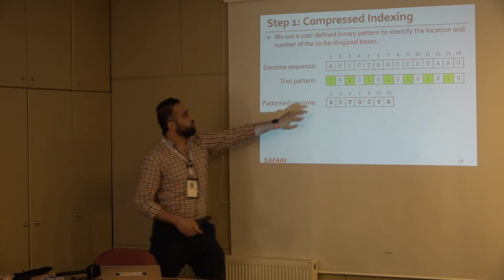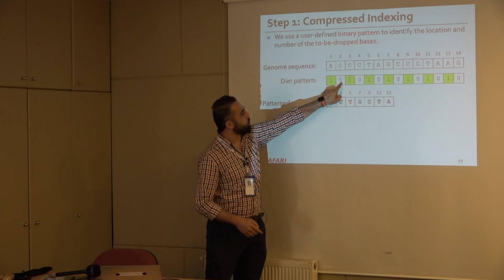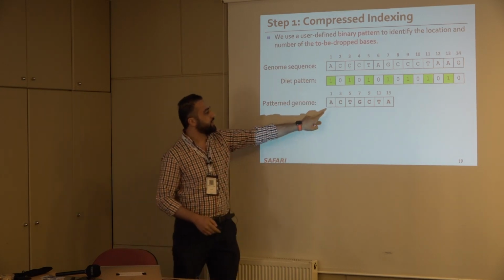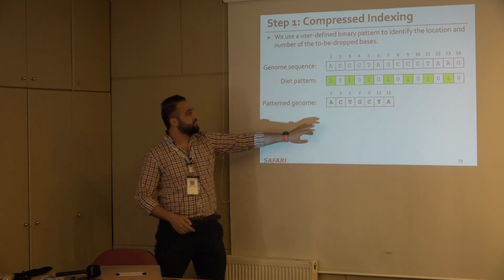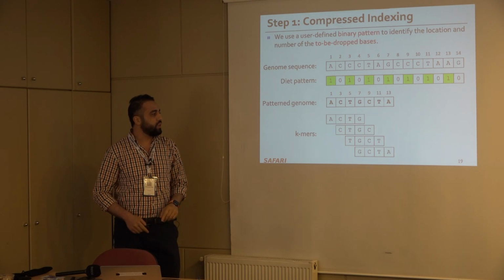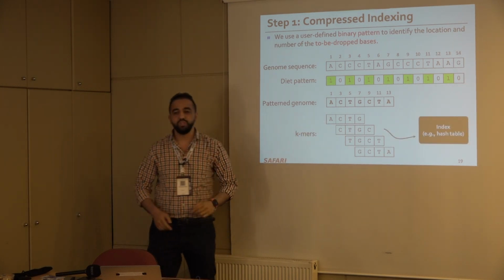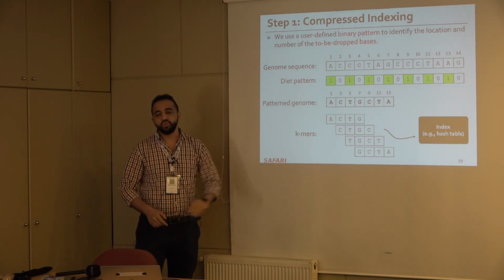And now we do an AND operation, for example, or drop these characters whenever we have a 0. So this is the result of the reference genome. We cut the size of the reference genome by half, and then we extract the k-mers as usual, and those are the things to be stored in the index data structure. Now that is what we do to the reference genome.